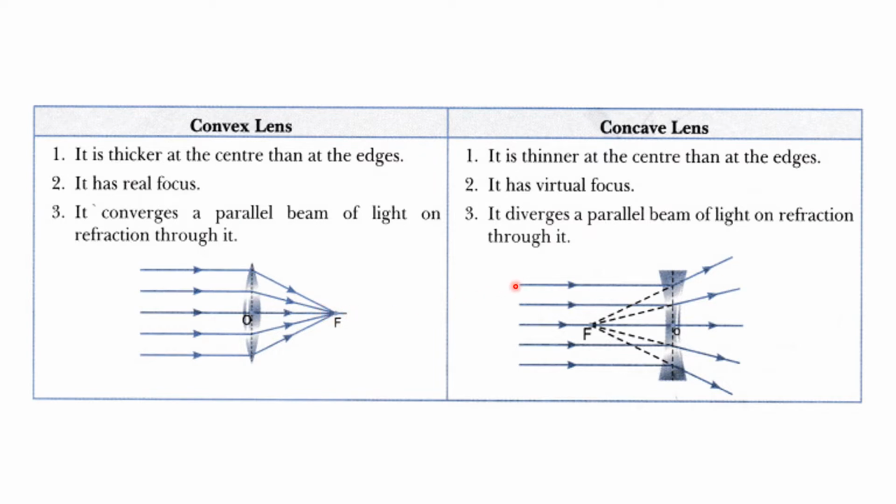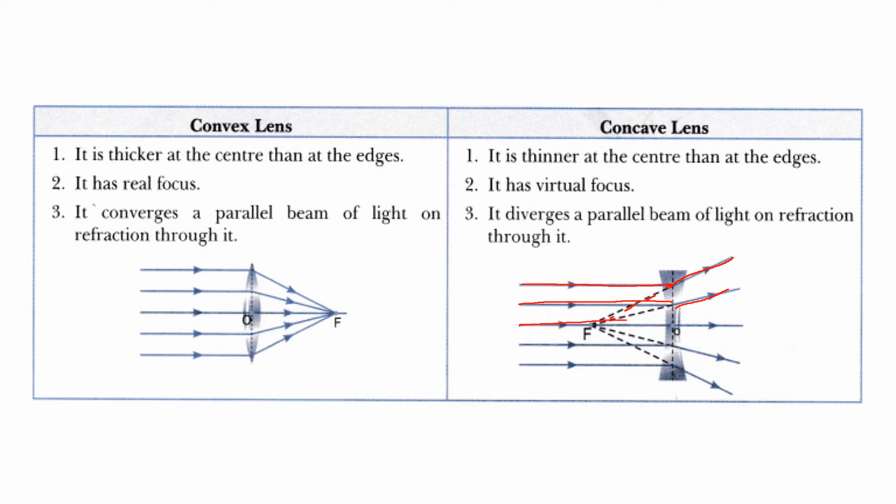Whereas if you see this concave lens, let me take a pen. This is a ray, and it is getting diverged from this point. If I extend it at the back, all these rays are getting diverged.